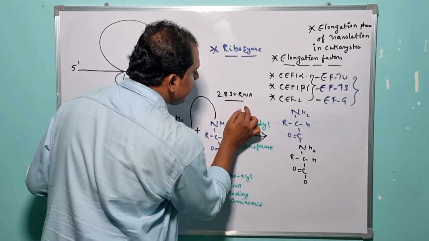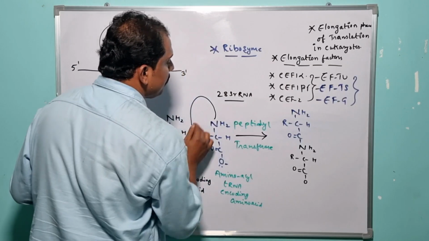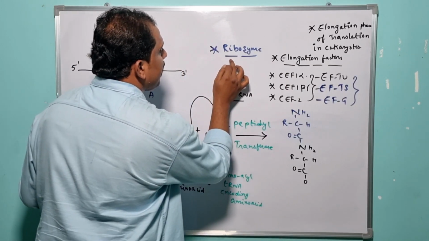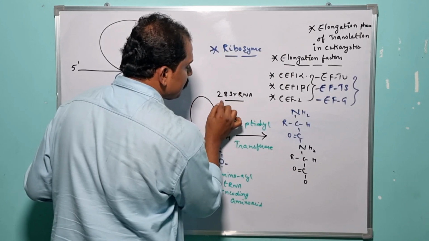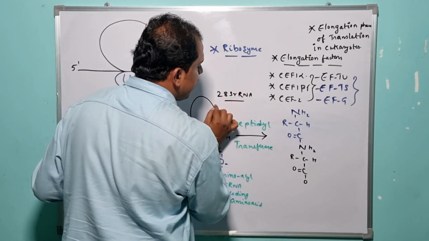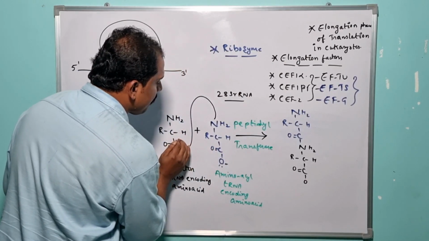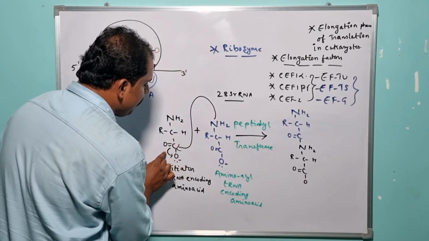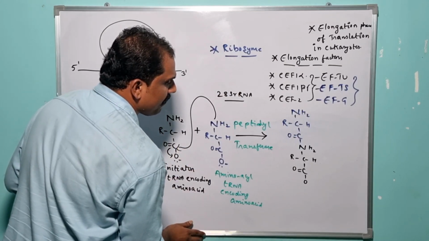So specific ribonucleic acids are considered ribozymes. Here the 28S rRNA, which is a part of the large subunit of the eukaryotic ribosome, possesses enzymatic or catalytic activity. So by taking advantage of 28S rRNA, the peptide bond formation took place between the initiated tRNA encoding amino acid and the amino acid tRNA encoding amino acid.